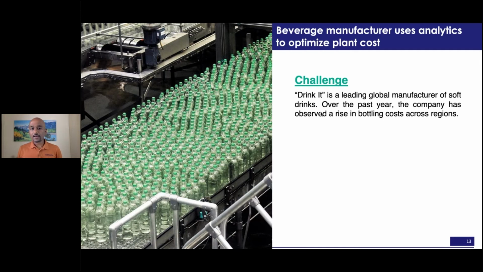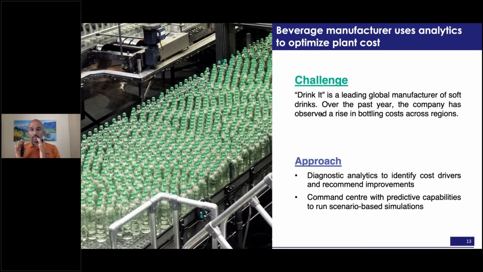So they turned to data and analytics to solve this problem. And the approach is fairly straightforward. Number 1, diagnostic analytics to identify what are the cost drivers and come up with recommended improvements based on statistical analysis. And number 2, use machine learning and build a visual command center which can run scenario-based simulations, assuming the cost of, say, a particular raw material, carbon dioxide, increases by so much, or water increases by so much.